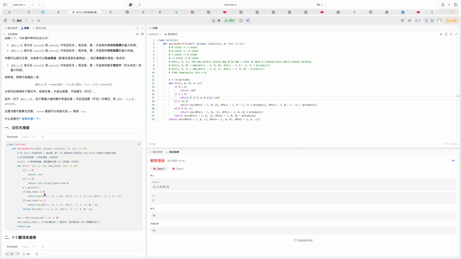If H is 0, makes I minus 1 K 0, I minus 1 K, I minus 1 K. And for end state 1, it's here.